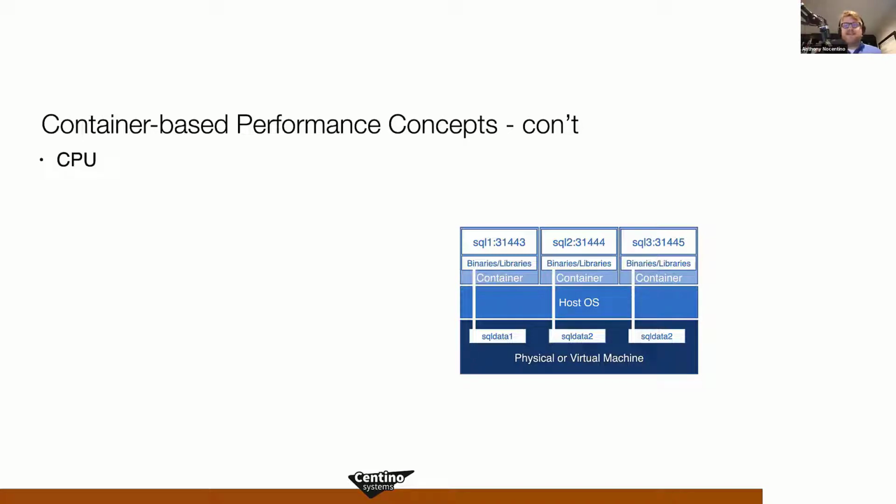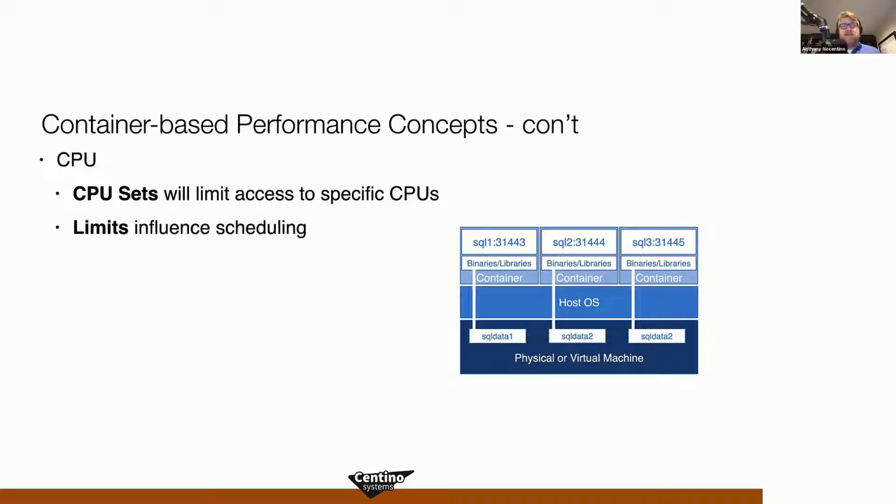So when we want to limit CPU, we can limit CPU in a collection of ways. We can limit it by this concept called CPU sets, which will limit the container to a subset of processors. So I could say, you know what, this container here can only use processors 0 and 1, or 2 and 3, or 4, 5, and 6, whatever it is, right? Now, limits influence scheduling.